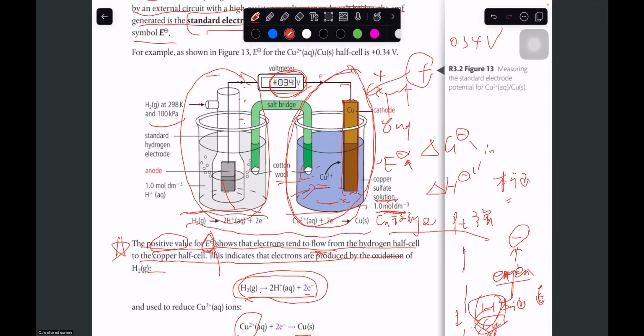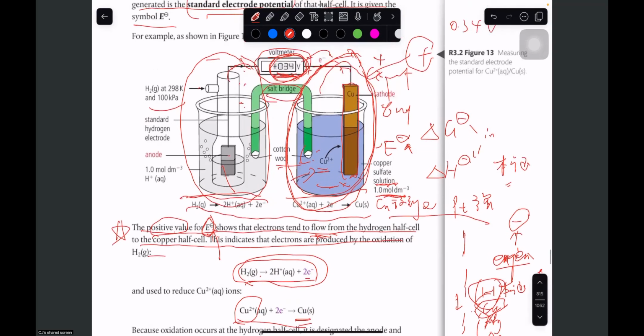If we combine these two half cells together, connect them with the salt bridge and the wire, we can have the voltage like this one, 0.34 volts. So this is the standard electrode voltage of this part.